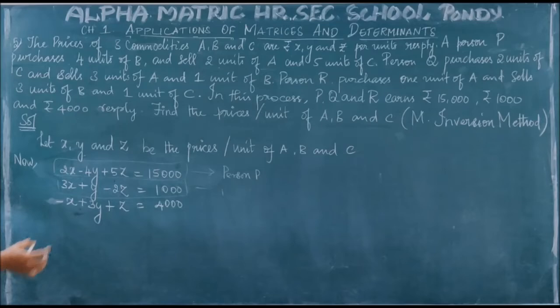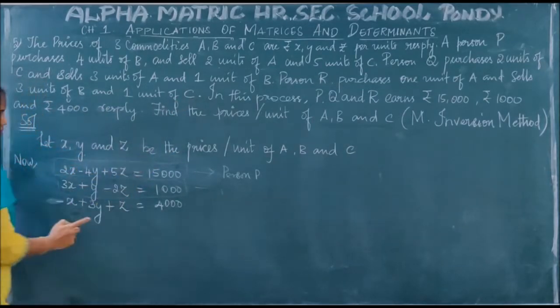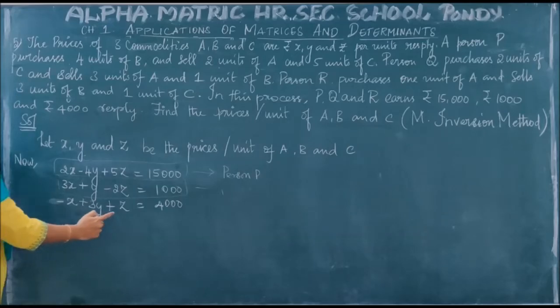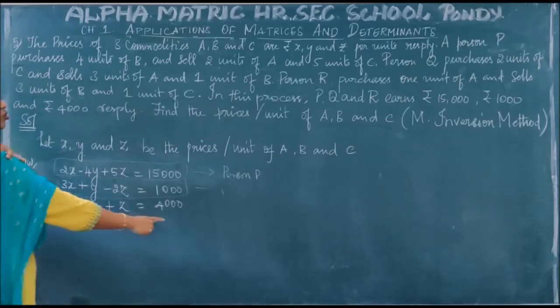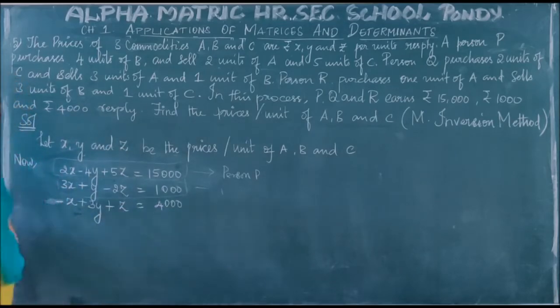Finally, for person R, he purchases 1 unit of A, so it becomes minus x, and sells 3 units of B and 1 unit of C, which becomes plus 3y plus z, equal to the total amount he earns, rupees 4,000.